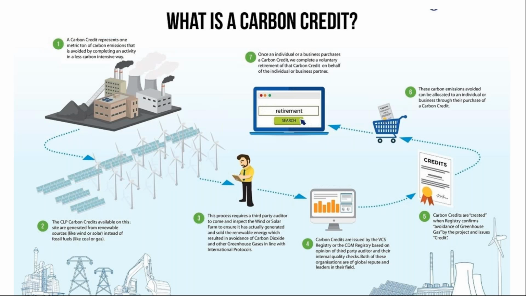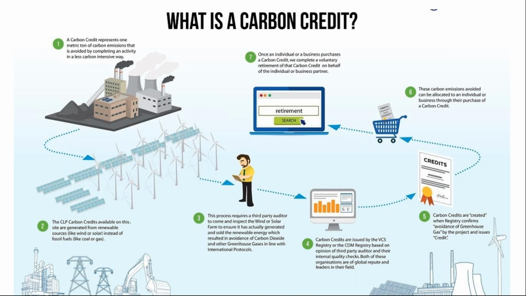Then there is another concept, carbon credit. We have discussed greenhouse gases and global warming, and we discussed that we have to reduce and control carbon emissions. How to control it and what the remedies are, we have discussed. But if that is not followed, then there is another solution called carbon credit.